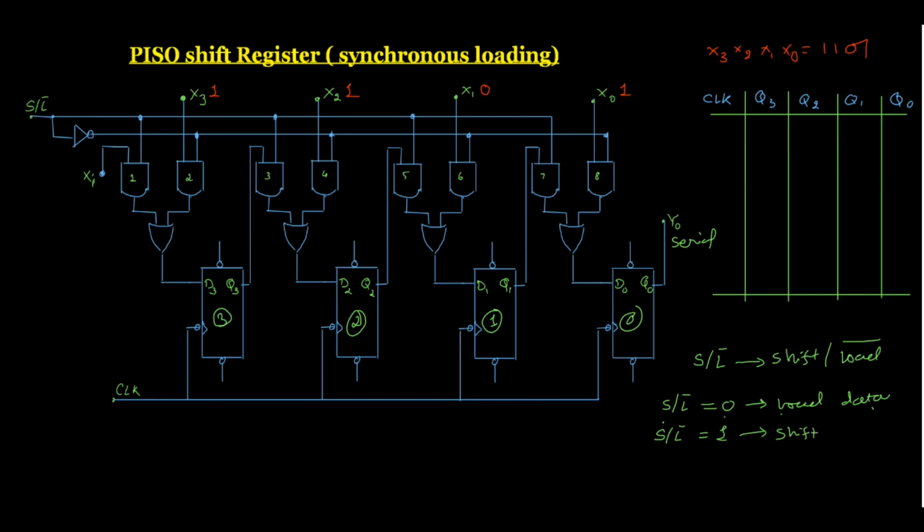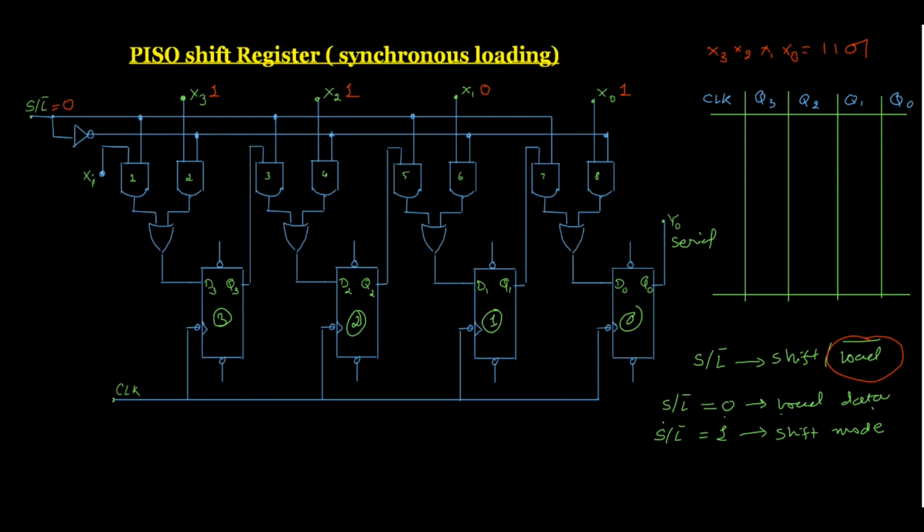So this is the shift mode, and here the data will be shifted from left to right. So we have a shift mode as well as a load mode. Initially we have to load the data, so this line has to be connected to 0.